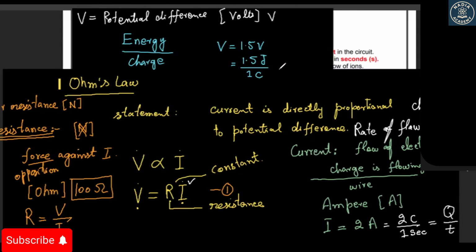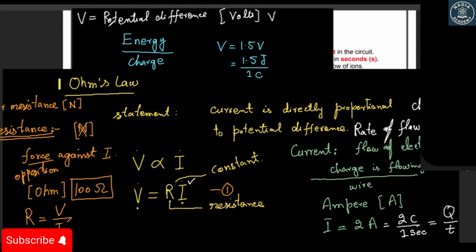So number one, the potential difference is the energy provided by the battery to each coulomb of charge to flow through the circuit.